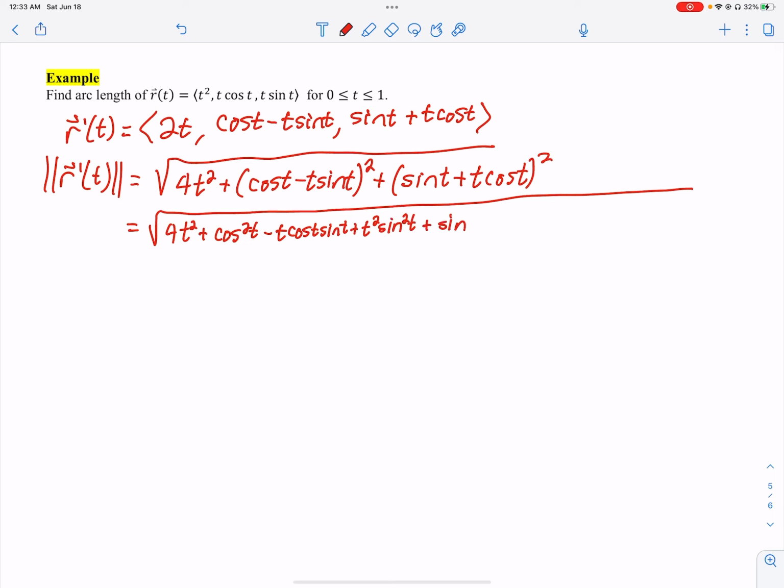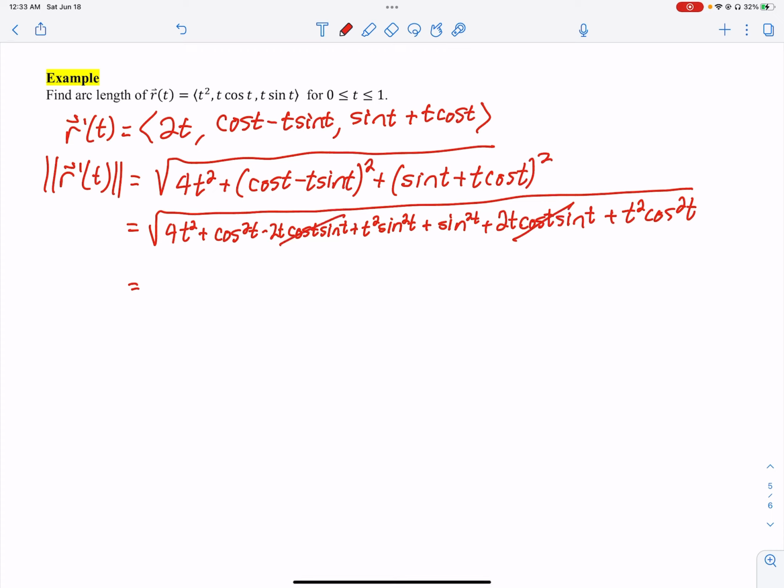Then we multiply that binomial squared out: sine squared t, plus t, two of them. We're going to have two of those here too. So minus 2t, this last thing here, plus 2t cosine t sine t, plus t squared cosine squared t. That's just multiplying all that out. All right, we lose two terms.